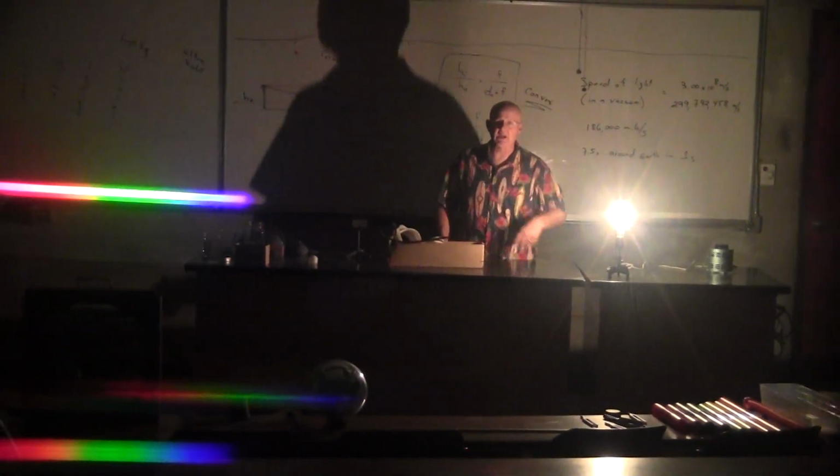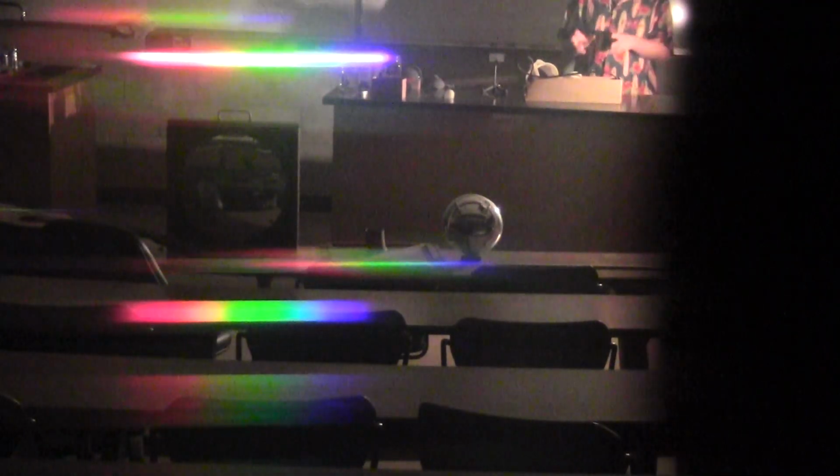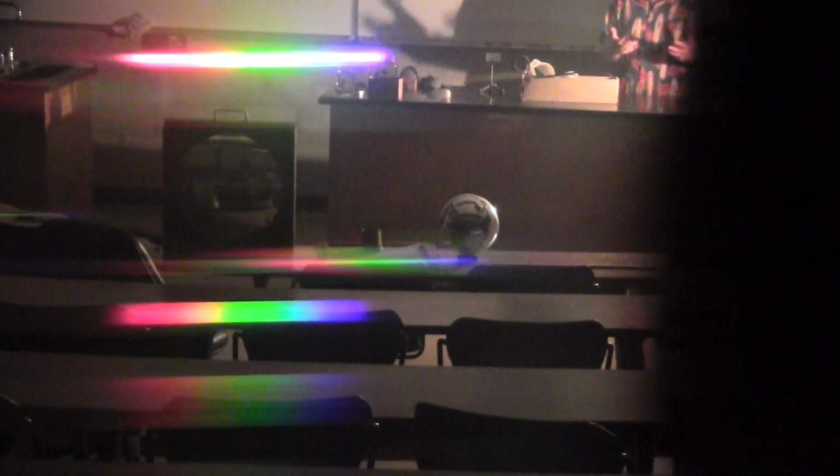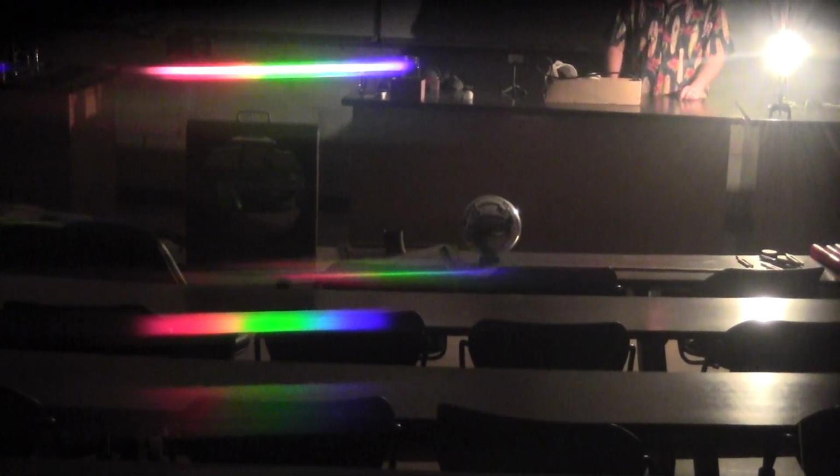And so I'll give him a chance to get that straightened out. But once he gets that in front of there correctly, it should then separate out, and you should see the whole rainbow. And that's what I wanted you to see, the whole rainbow. The red, the orange, the yellow, the green, the blue, the indigo, and the violet.